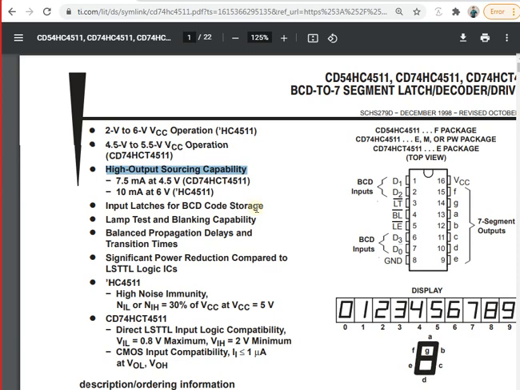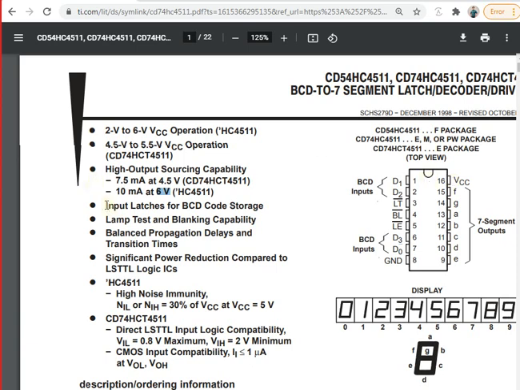This statement tells you that the outputs F, G, A, B, C, D, E can actually source a current of 7.5 milliamperes at 4.5 volts and they can output 10 milliamperes at 6 volts from HC4511. Since I am using this one at 5 volts, this means certainly that I will be at something near about 8 or 9 milliamperes. But I am not going into that physics and those calculations over there.